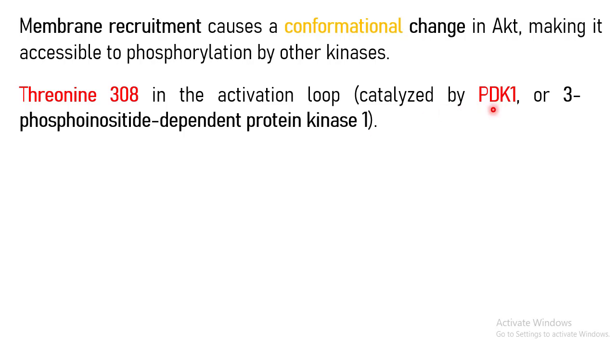This PDK1 is going to phosphorylate the AKT in its activation loop at a specialized amino acid, which is threonine 308. So in the activation loop you have threonine 308, and PDK1 is going to add a phosphate group at this particular amino acid.